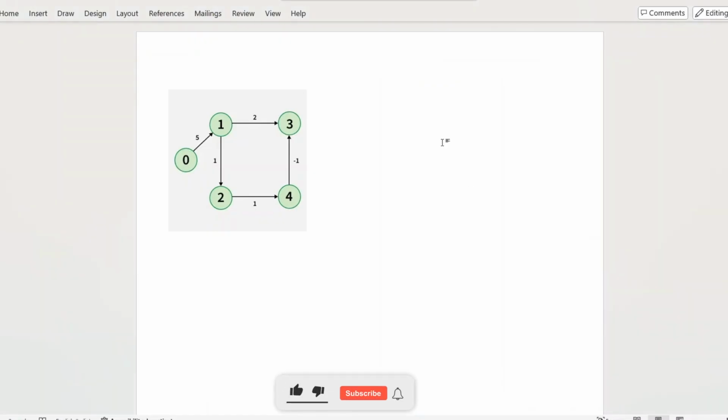Initially, we keep the shortest path from the source node to all the other nodes as 10 power 8.